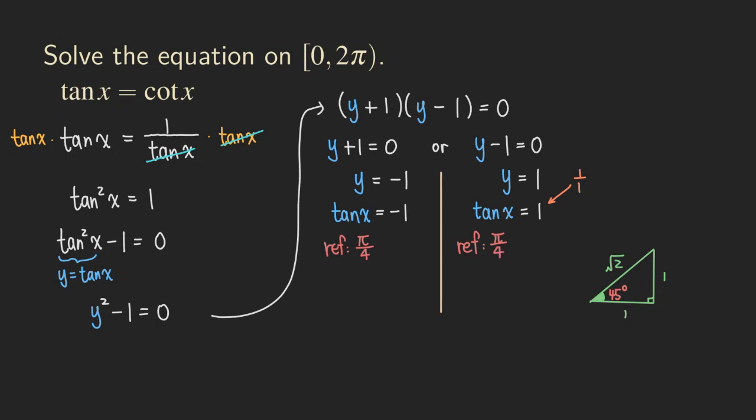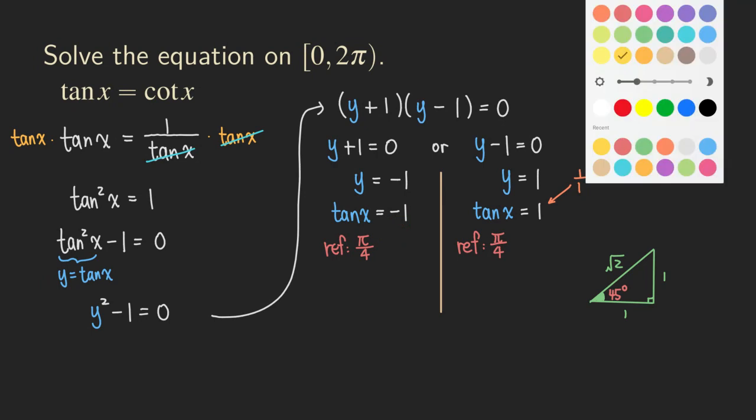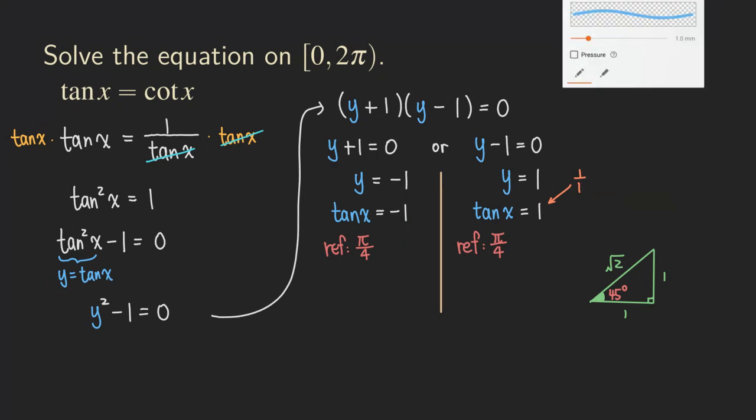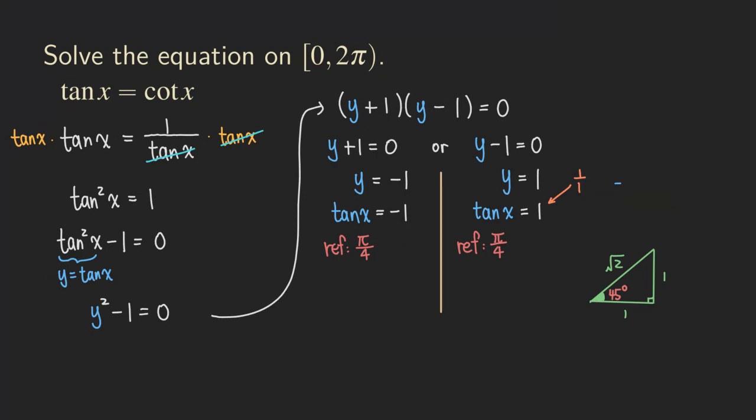Okay? And then now, what about the quadrants? The quadrants, let's look at the first case right here. It says that tangent is negative. For tangent that's negative, we are having the quadrants, and if I'm drawing it out, what happens is that if we just label everything right here, then that's All Students Take Calculus.